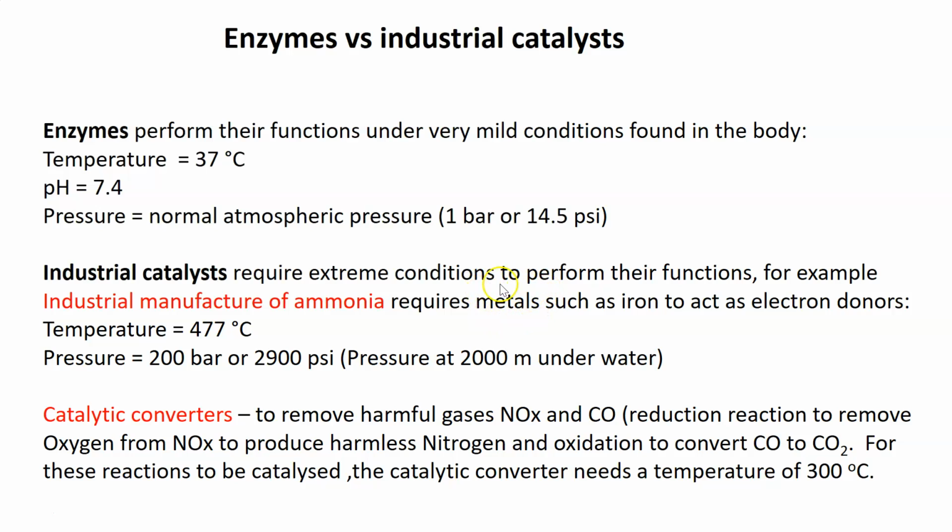The major component in these industrial reactions is metals, because metals act as electron donors, but also electron acceptors in some cases. But you have to heat these metals up to temperatures like 477 degrees Celsius in the manufacture of ammonia.